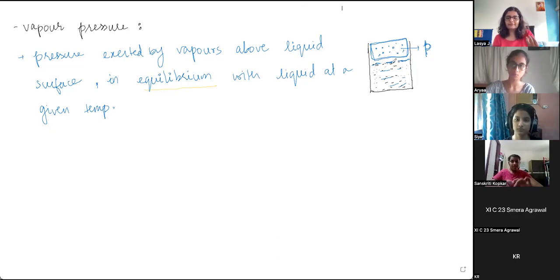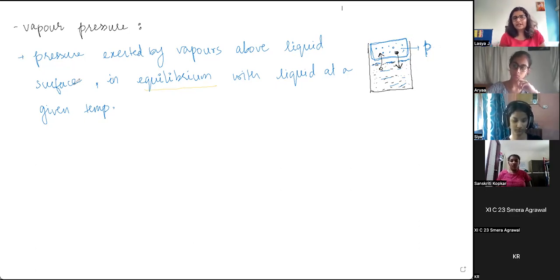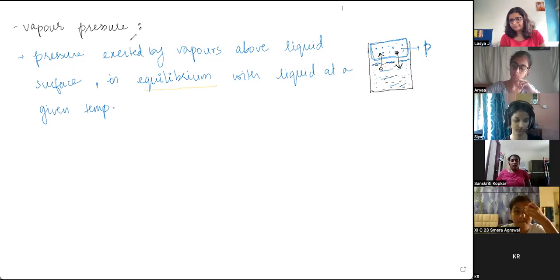So eventually, it gets into that equilibrium where the rate of the liquid turning into vapor is equal to the rate of the vapor condensing back. When that equilibrium has been established, when this pressure stabilizes at a constant value, that pressure is what we consider to be the vapor pressure. That's all it is, nothing else.